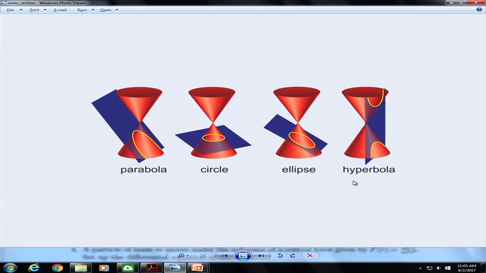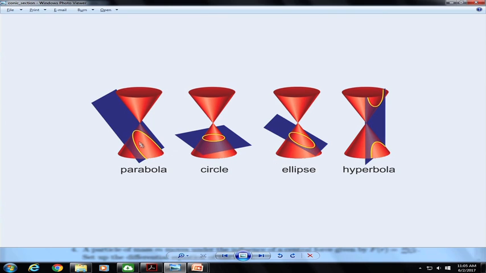Now, why do we need two cones especially for the hyperbola? Because a hyperbola, if you recall from your coordinate geometry lesson, essentially has two components. One component comes from the interception with the lower cone, and the other component comes from the interception of the upper cone, which is vertically placed on top of the lower cone.